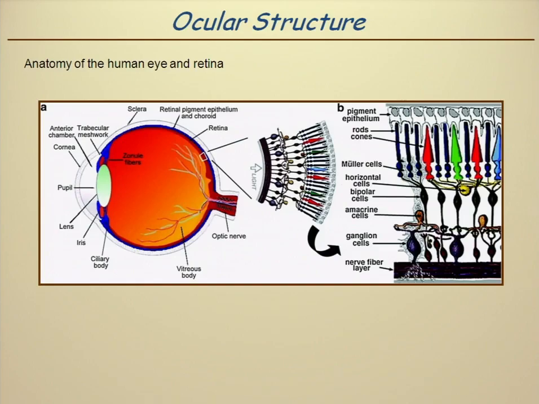All of these cells, the light-sensitive rod and cone photoreceptors, the rods containing that rhodopsin that imparts the reddish color to the retina, and the cones, which come in three flavors, red, green, and blue, and give us the full chromatic spectrum of vision that we all enjoy.